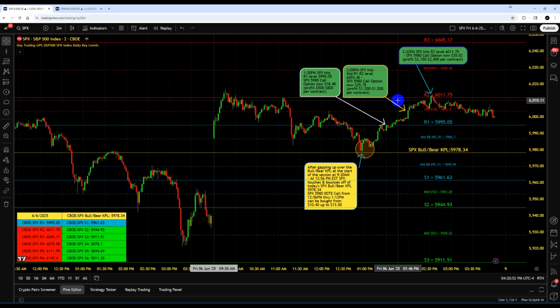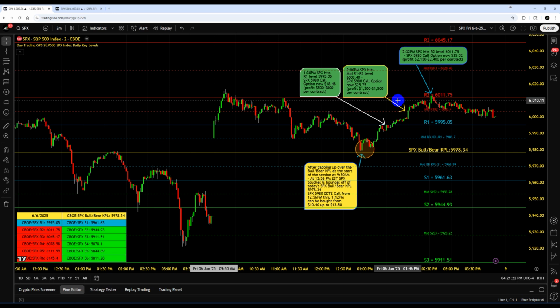Or if you hold on to the contracts, if you're profitable going into the close on SPX, unlike SPY, at 4 p.m., you can simply hold on to the contract, and since they're cash contracts, you will be paid the difference between the strike price and the closing price of SPX in your account the next business day.